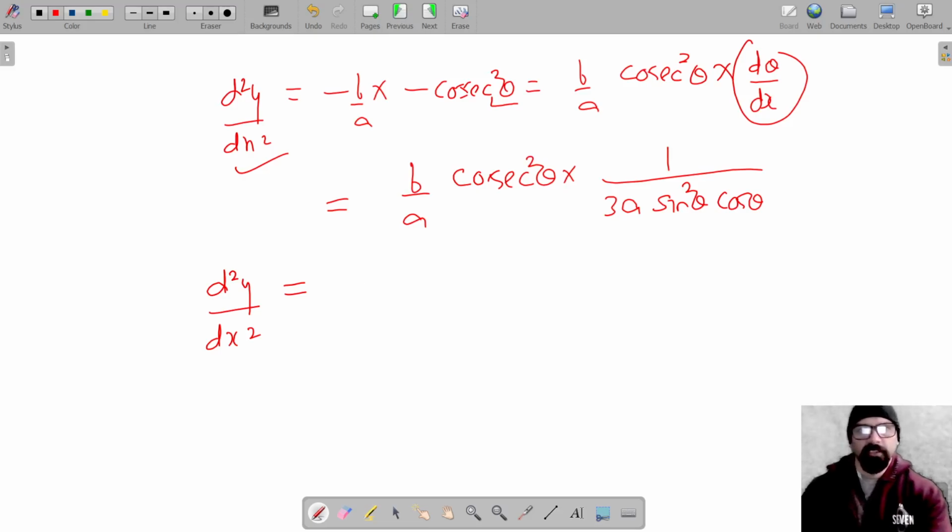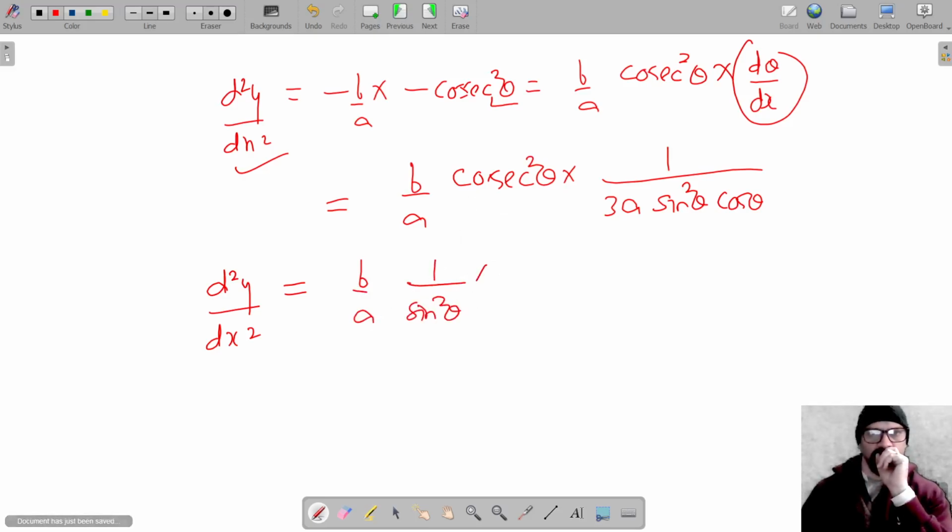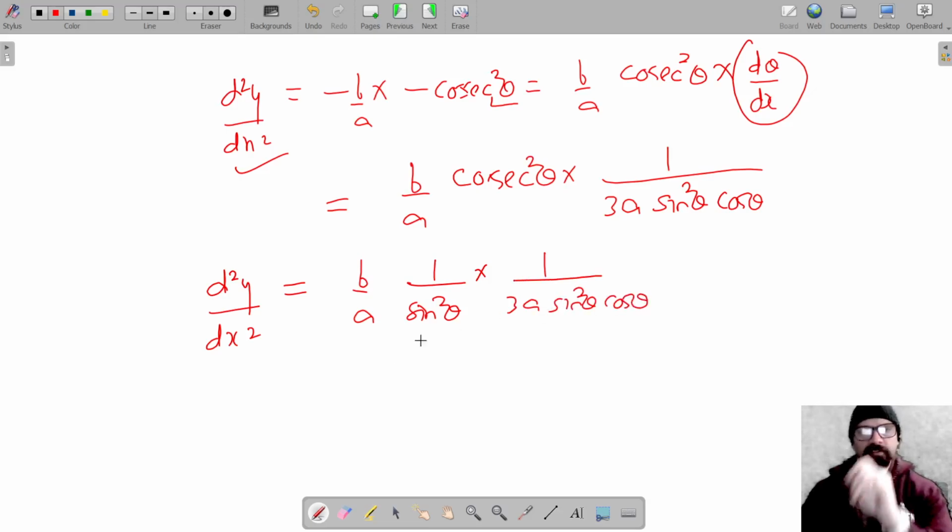Okay. Now b by a. Now cosecant square theta is 1 by this. I can write as sine square theta into 1 upon 3a into sine square theta into cos theta.